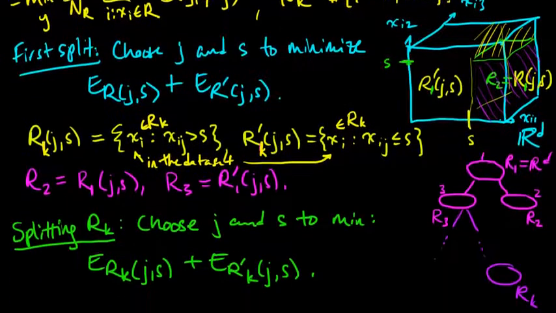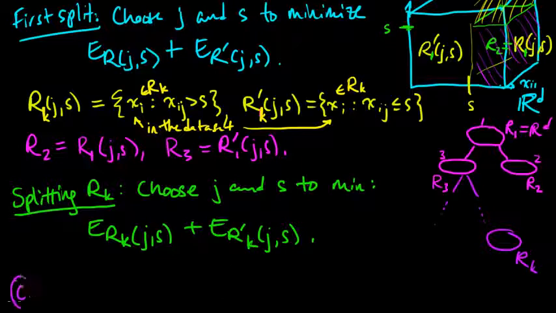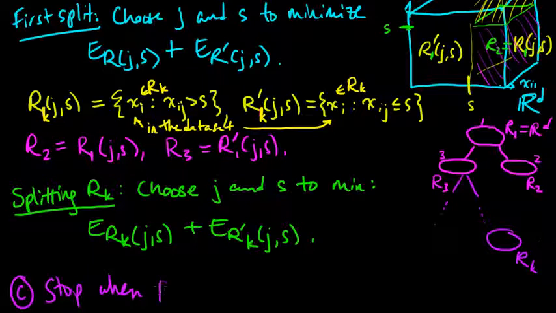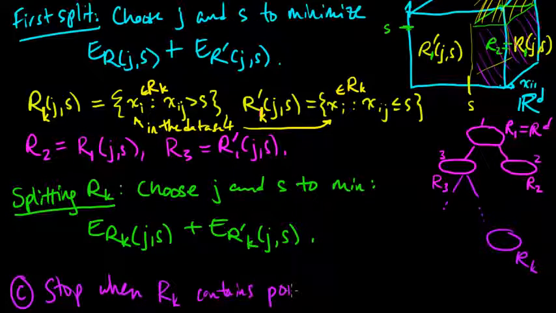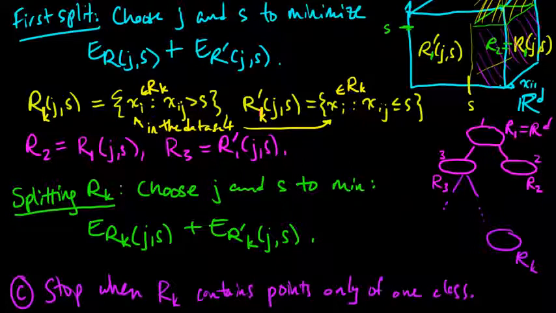Or in the classification case, another option, option C, would be to stop at R_K when R_K contains points only of one class. So this would be another possible stopping criterion.